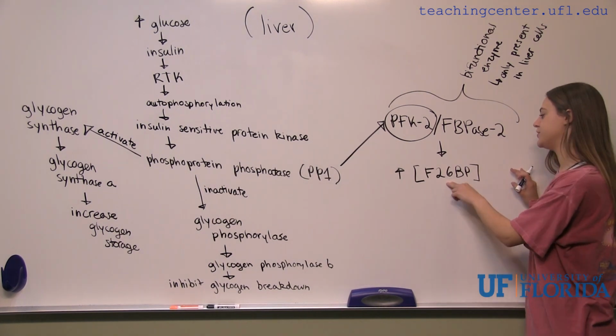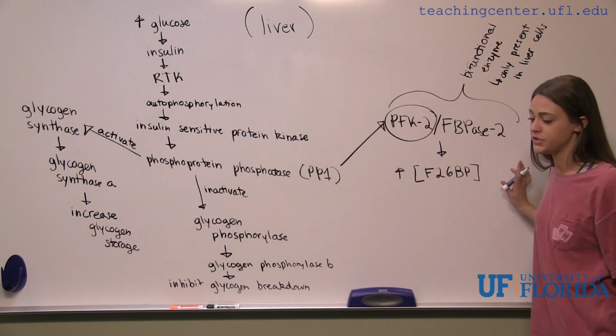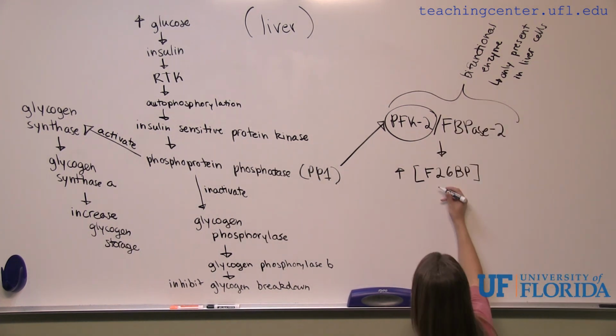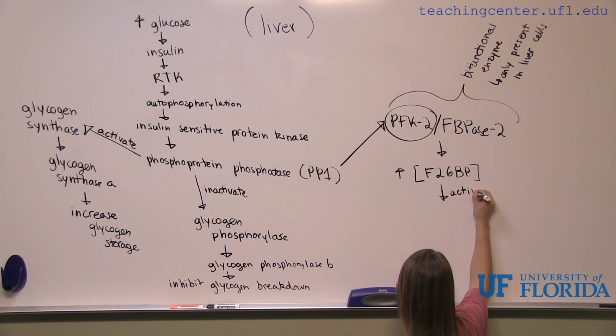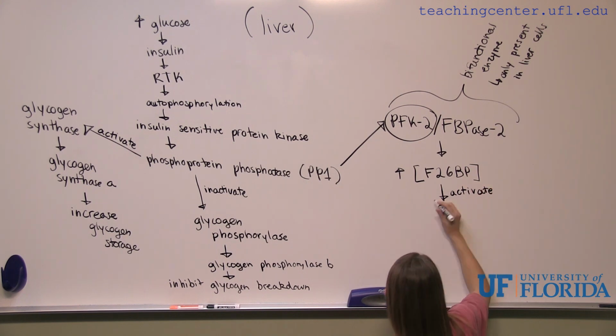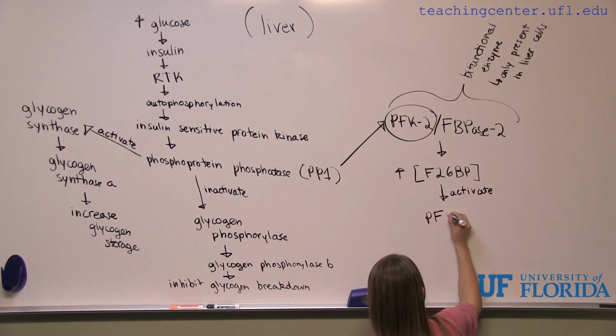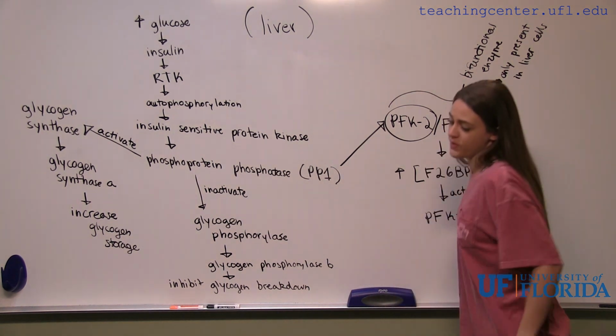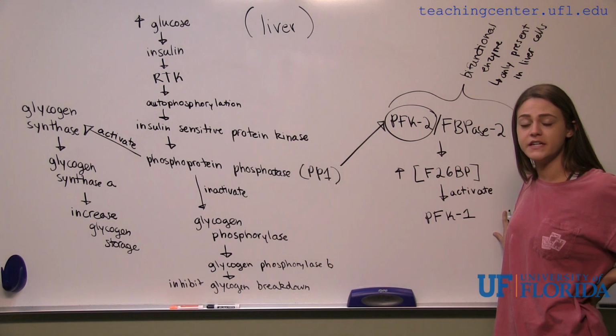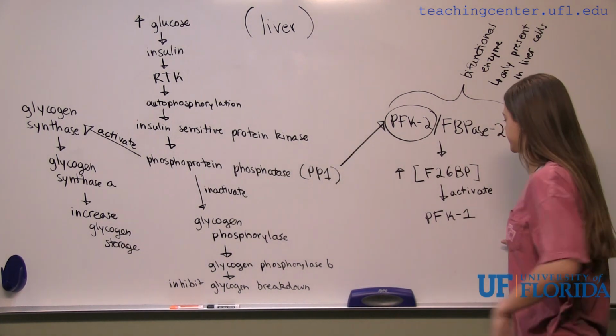So this fructose 2,6-bisphosphate is going to activate PFK1. So if PFK1 is activated, this is going to increase glycolysis.